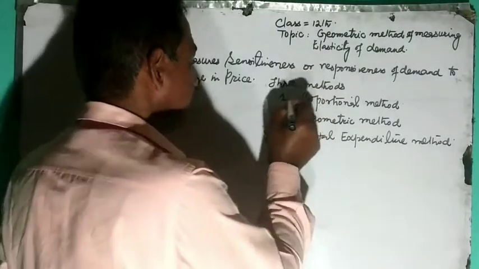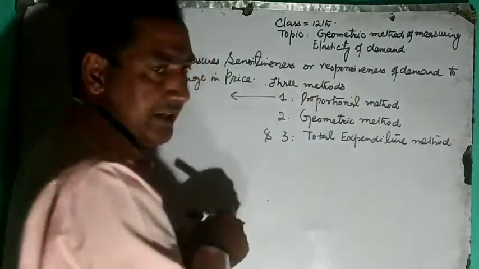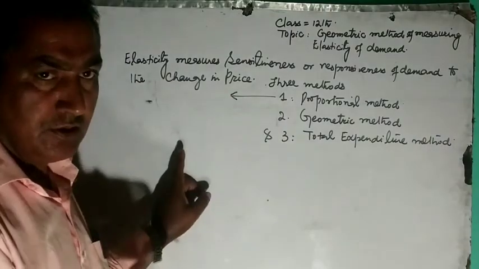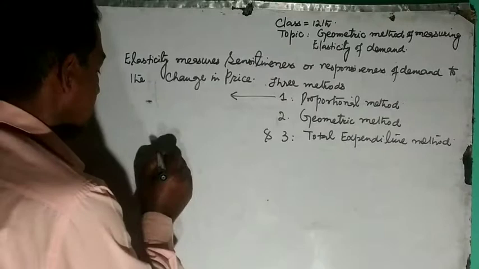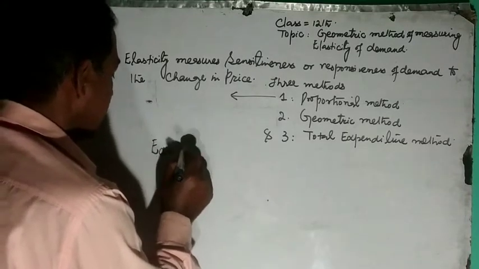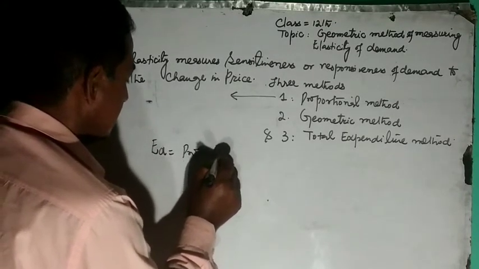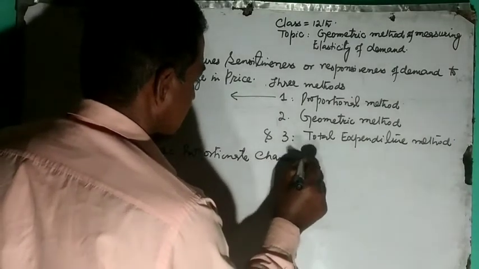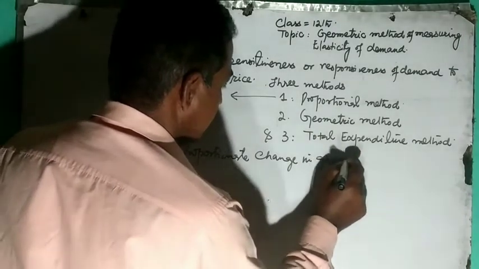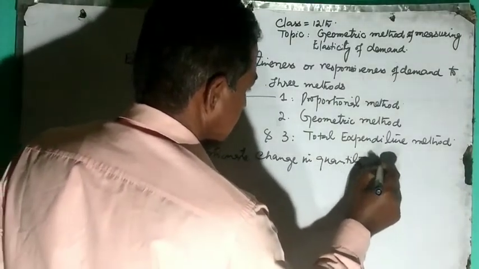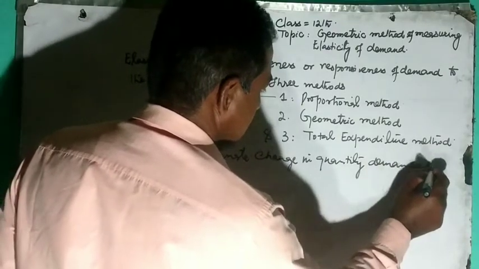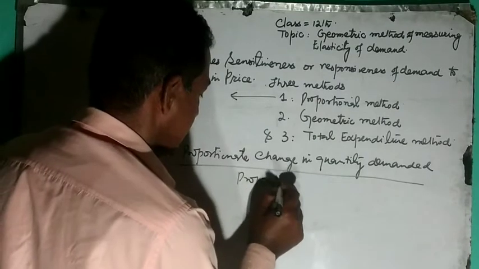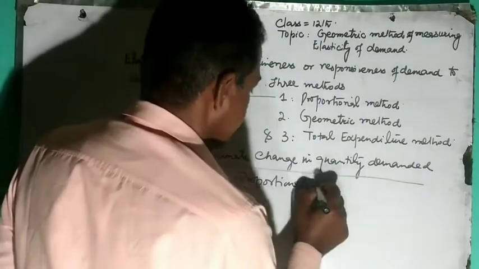Since we have studied proportional method, wherein we have seen that proportional method measures elasticity of demand when we write that formula, proportionate change in quantity demanded divided by proportionate change in price.